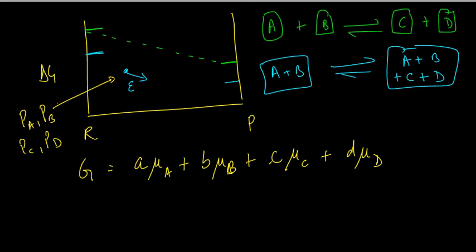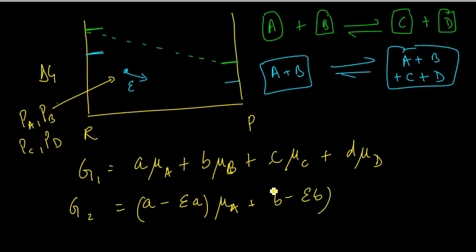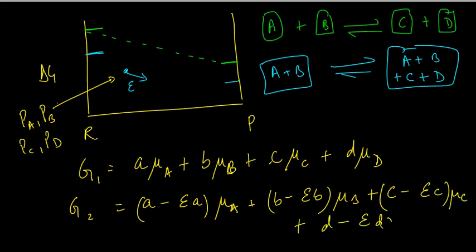If I increase the amount of C and D, it would be epsilon times C and epsilon times D. So G at the second point is (A minus epsilon A) times mu A plus (B minus epsilon B) times mu B plus (C plus epsilon C) times mu C plus (D plus epsilon D) times mu D.